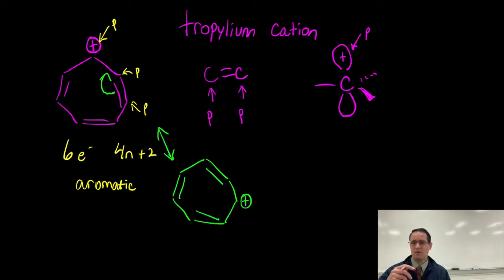Okay, and so it looks like the positive charge is moving, but actually it's the electrons that are moving. The electrons are smeared all around that ring system on the top face and the bottom face, and the positive charge is 1/7 on each of the 7 carbon atoms, okay? So that's just one resonance structure, and you'll see how the positive charge alternates, okay? Every other carbon, but if you move it around the ring, you'll be able to draw 7 different resonance structures, okay? So that's the tropylium ion.